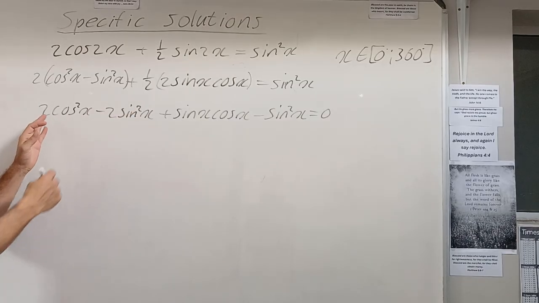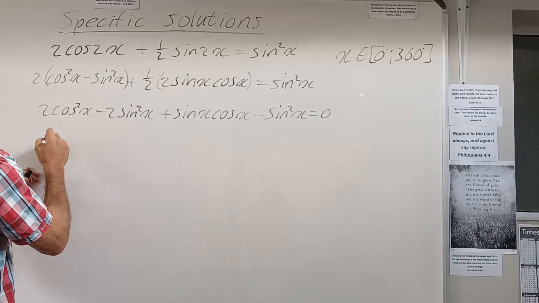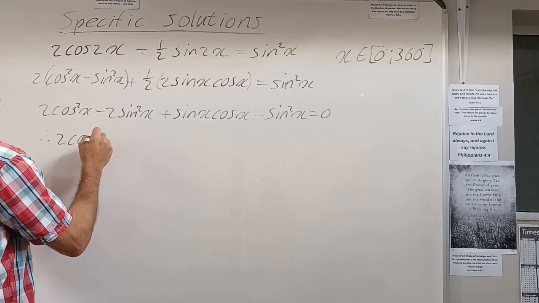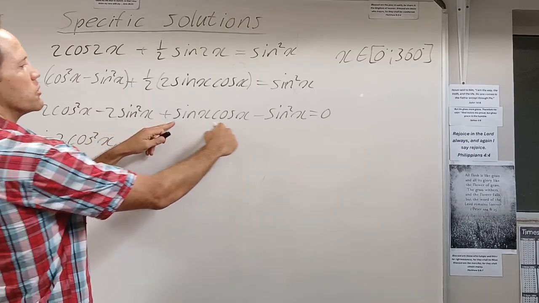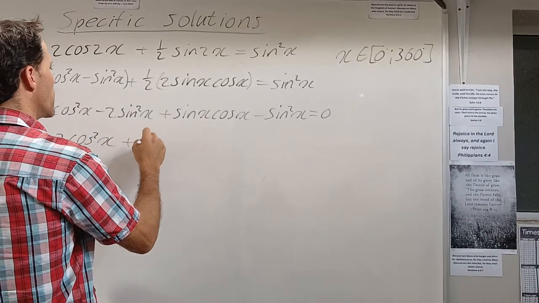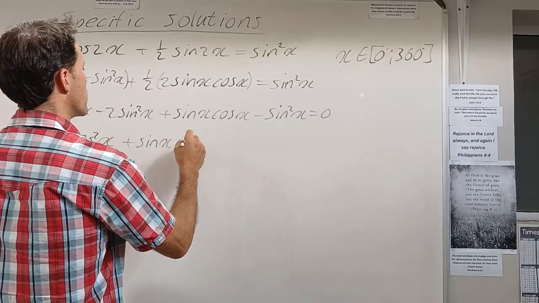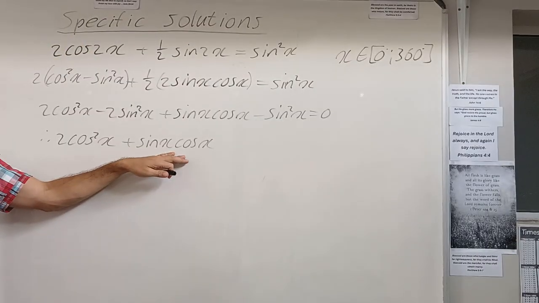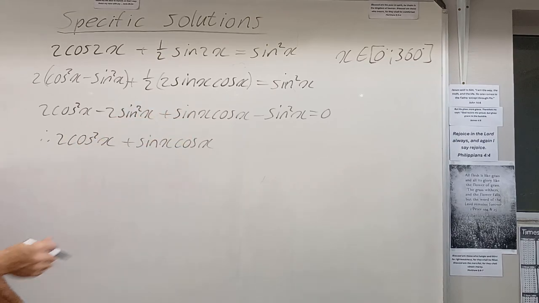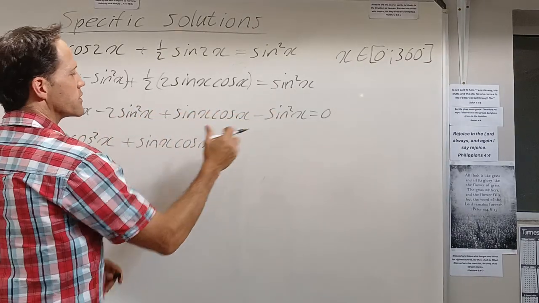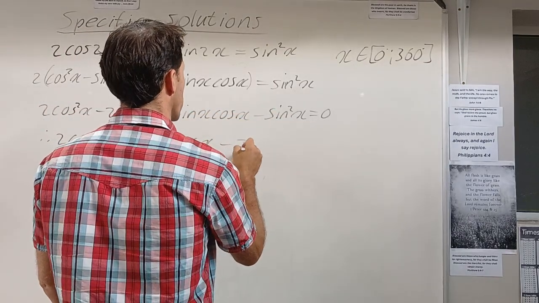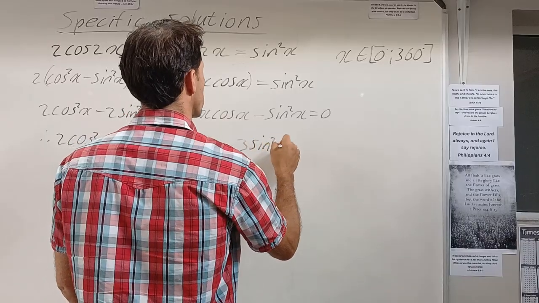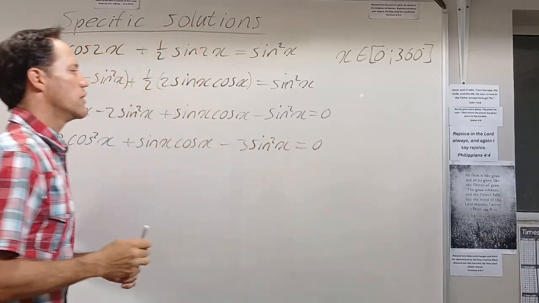Now we can say 2 cos square x, and then let's put this one in here, plus sine x cos x, because this is going to be your middle term between the two squares. And then here, minus 2 sine square minus sine square is minus 3 sine square. So we've got minus 3 sine square x equal to 0.